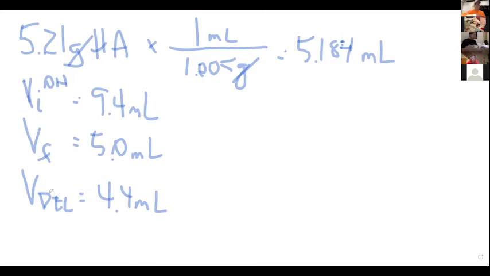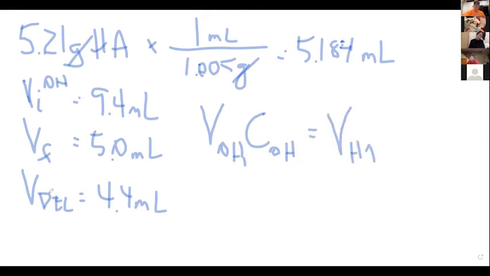So my volume of hydroxide times the concentration of hydroxide is going to equal the volume of HA times the concentration of HA.